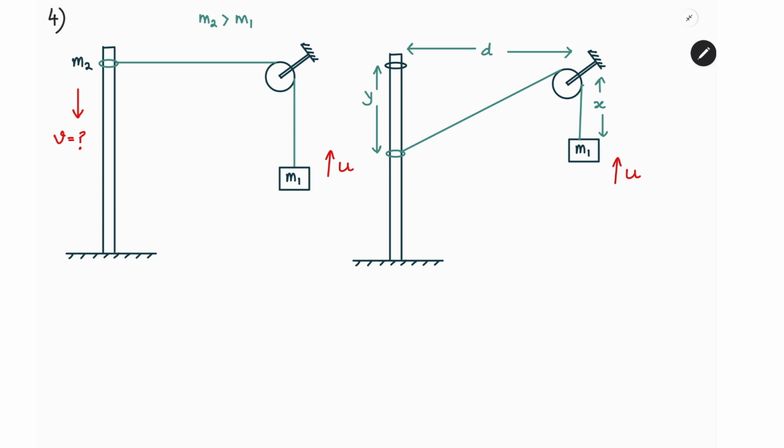The total length of the string is constant. Originally this distance was also d, and if we consider this part as the length of the string L, then L plus d is constant throughout the problem.